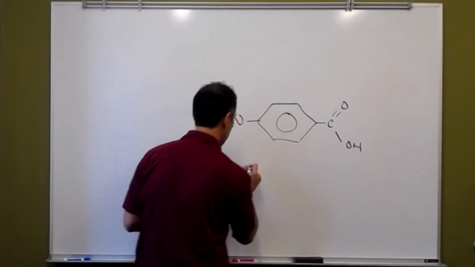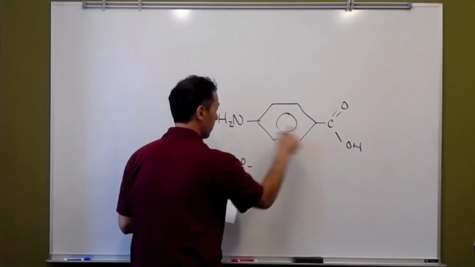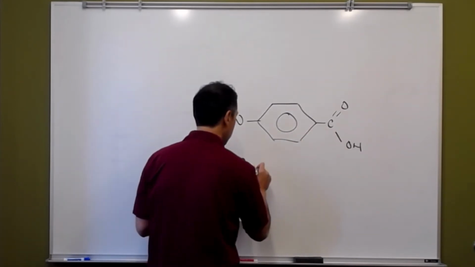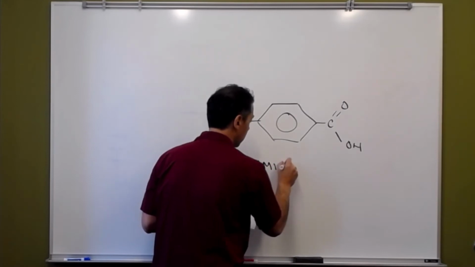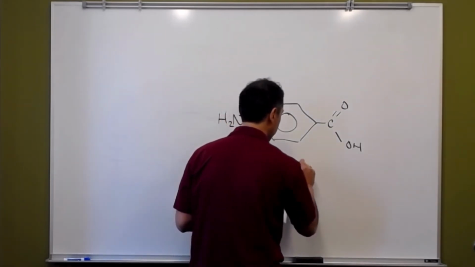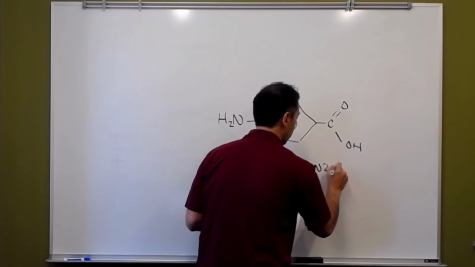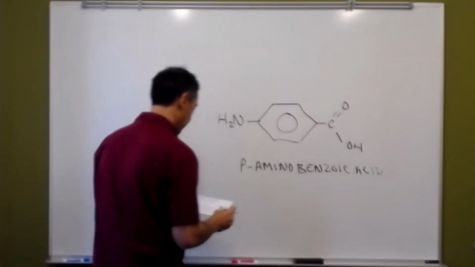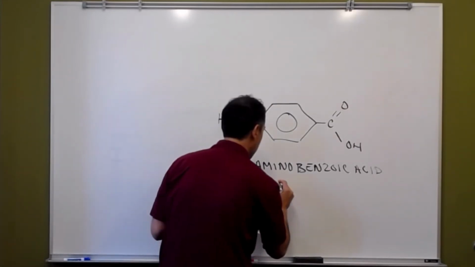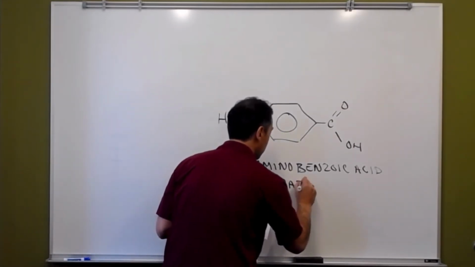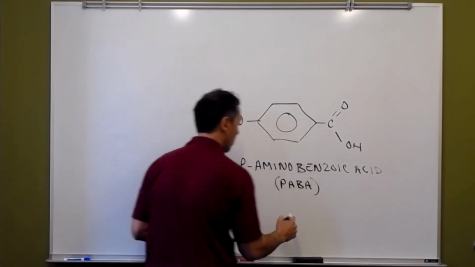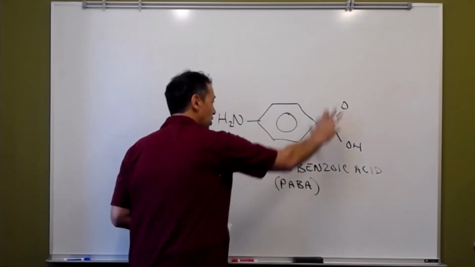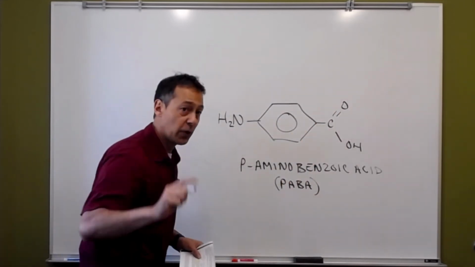Okay, so this is P for para, like on opposite sides of the benzene ring. Amino, benzoic acid, otherwise known as PABA, P-A-B-A for short, p-aminobenzoic acid.